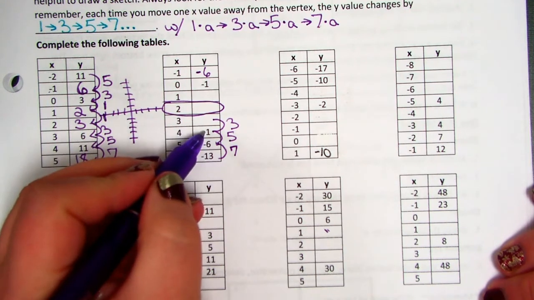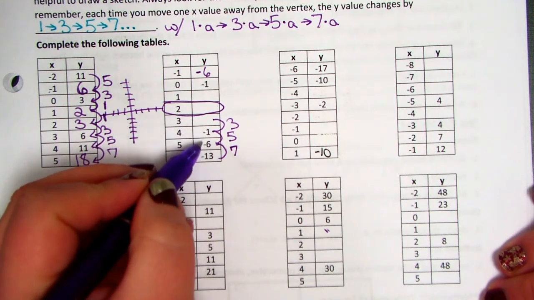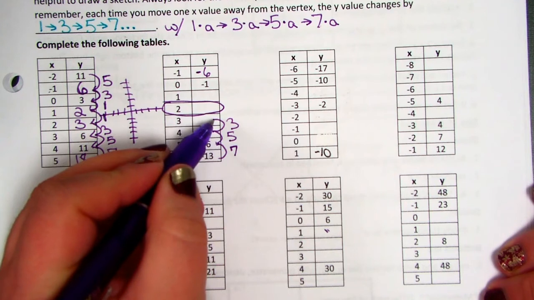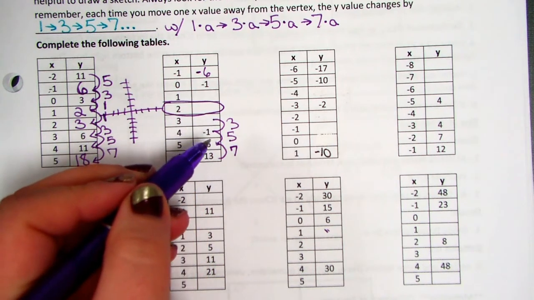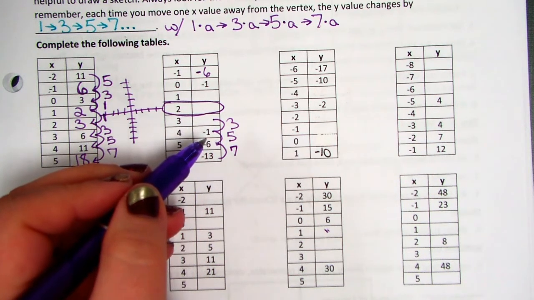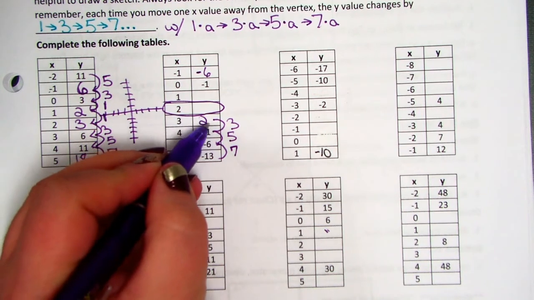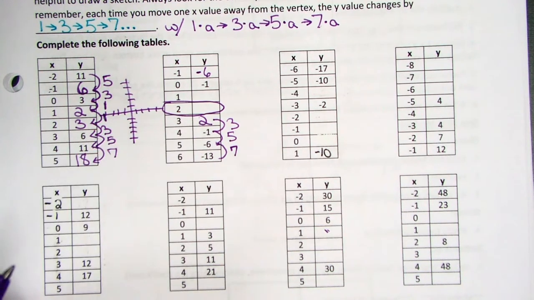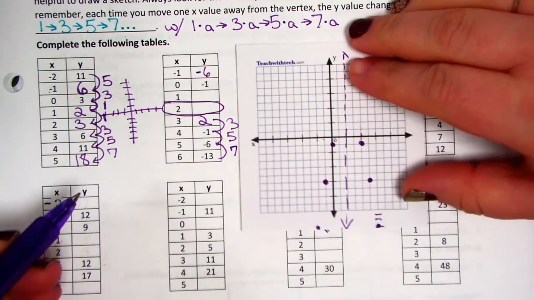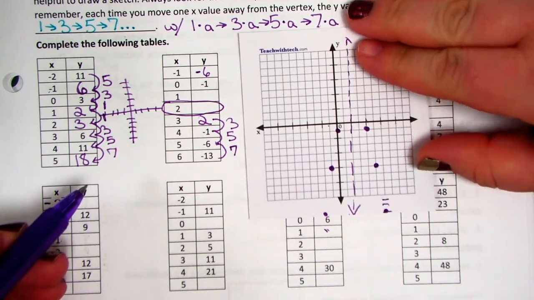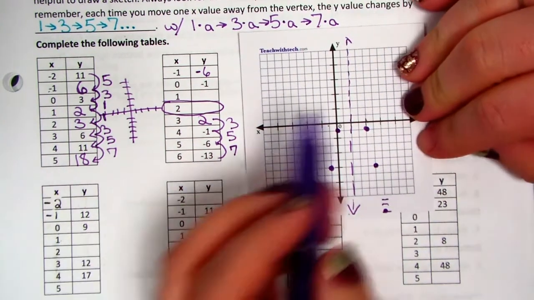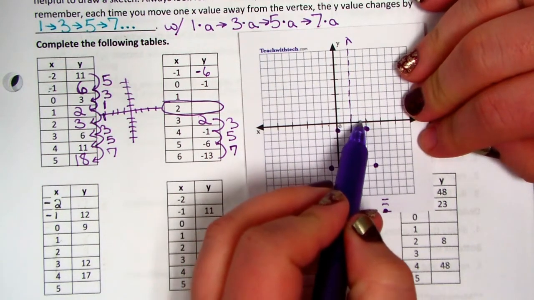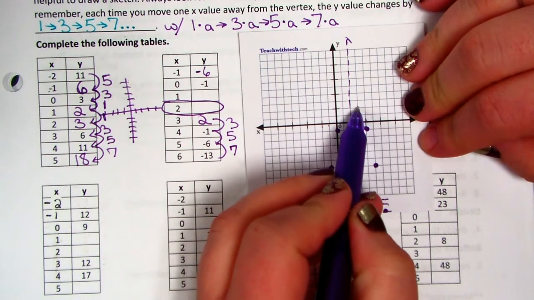So -1, and notice the trend, it's getting bigger. So -1, and I count up 3 from -1 should put me at 2. And let's see if that makes sense in my parabola. So 1, 2, 3, up 2.